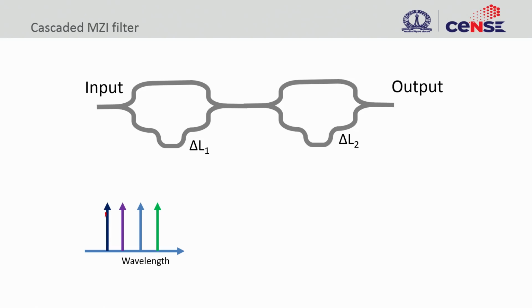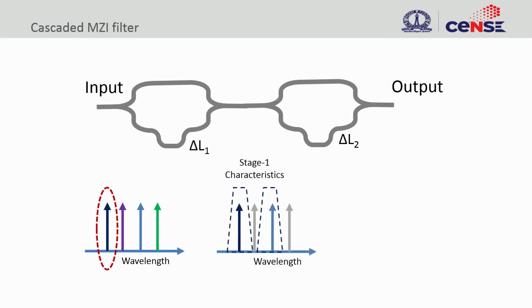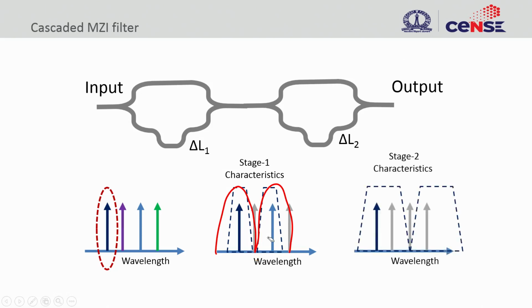We have 4 wavelengths coming in here, and we want to take out this particular frequency, let us say. In stage 1 your spectrum would look something like this, and we are going to kill this particular spectrum. You are not going to transmit it in the first stage, and in the second stage we will get a Mach-Zehnder that does this. So this one will be removed.